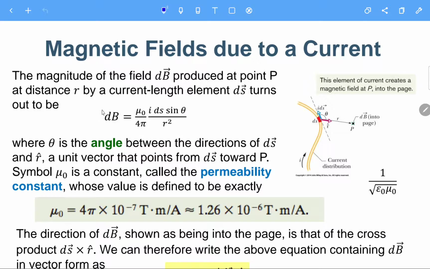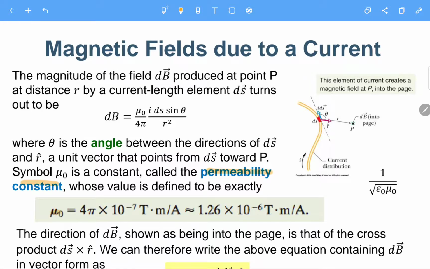On the left side we have dB, and then on the right side we have mu0 over 4 pi. So in chapter 21 we know that epsilon naught is a constant called the permittivity constant, which is generally used for electrostatics. Now we have another constant called the permeability constant, mu0.